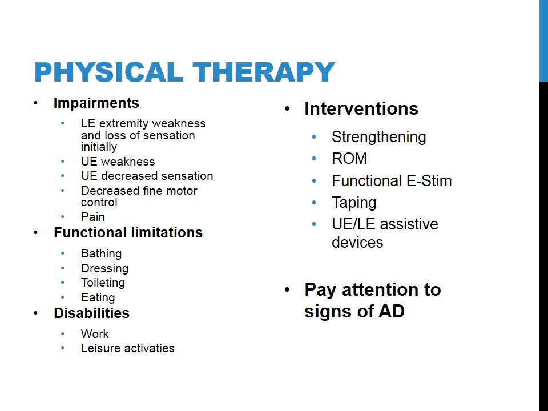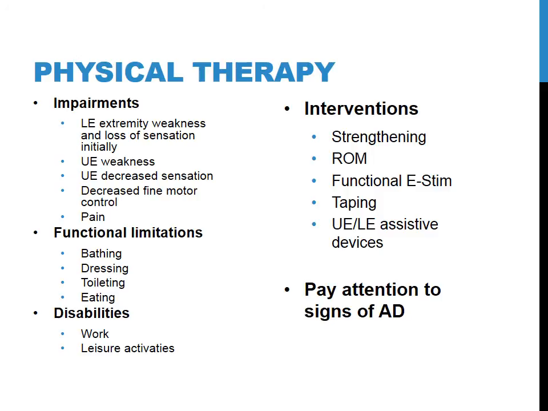They may never regain that hand strength. That's why using upper extremity assistive devices can be incredibly helpful for regaining their independence. So either consulting an OT about that or researching it on your own can be really helpful for these patients because they'll need those devices if they don't regain the strength.